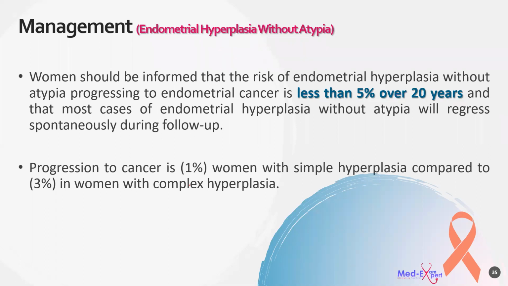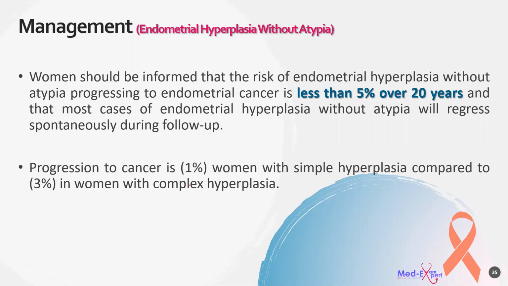So the first thing is to inform the woman about the risk associated with endometrial hyperplasia. First, and that's a very important percentage, you have to counsel her and reassure her that in cases of endometrial hyperplasia without atypia, the progression to endometrial cancer is less than 5% over 20 years.